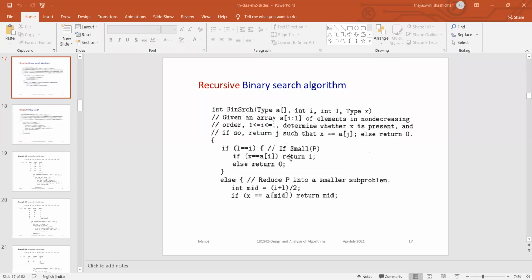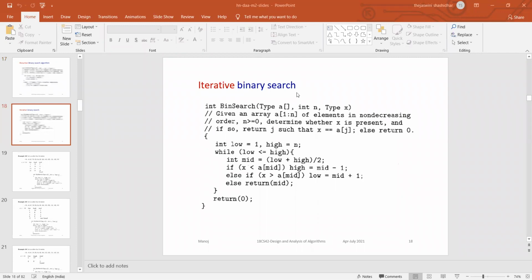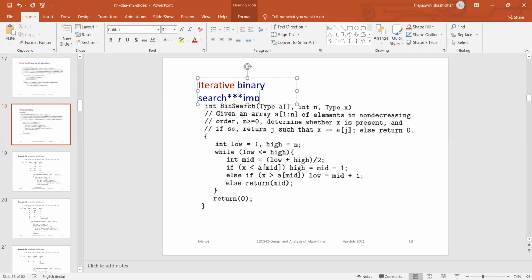First we have gone with two types of algorithms: one is recursive, the other is iterative binary search. This is a very important concept.